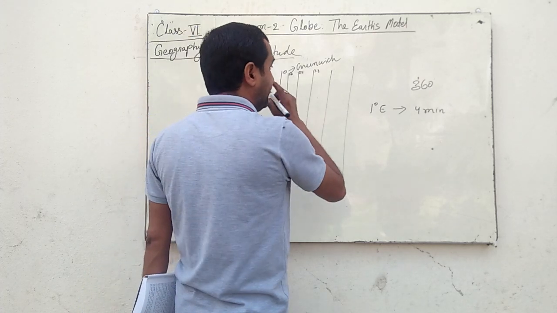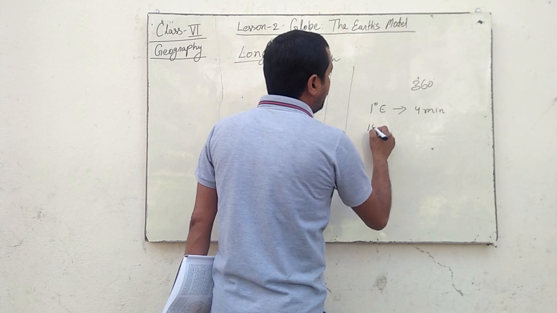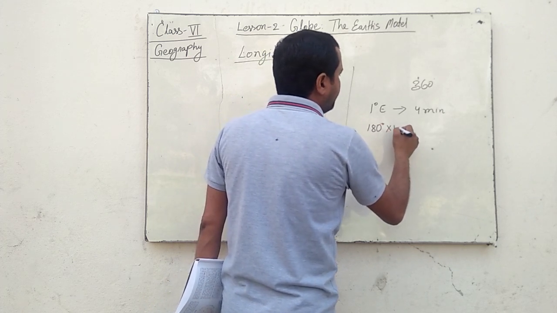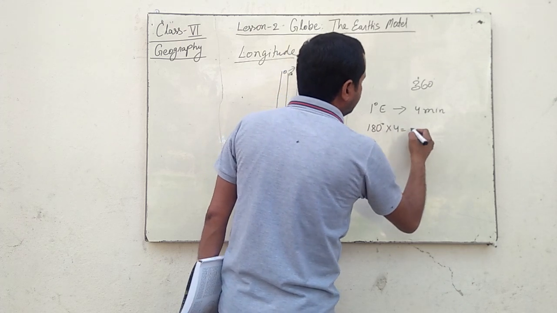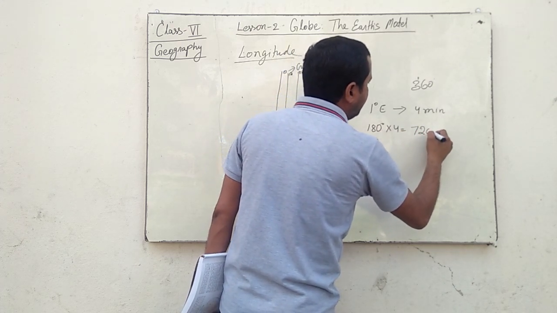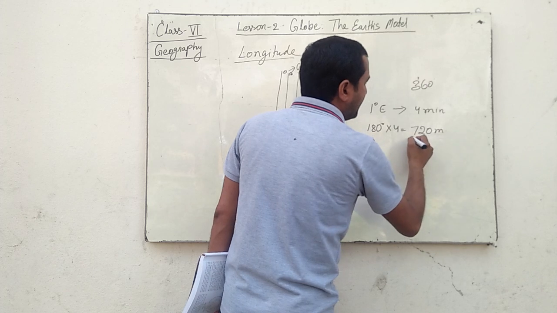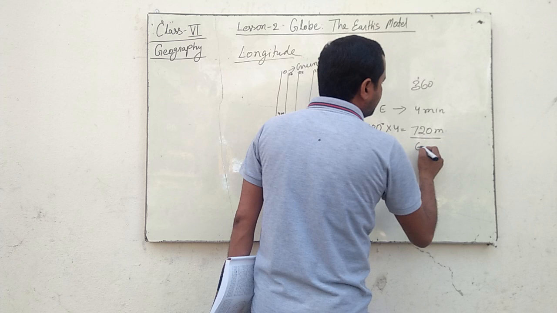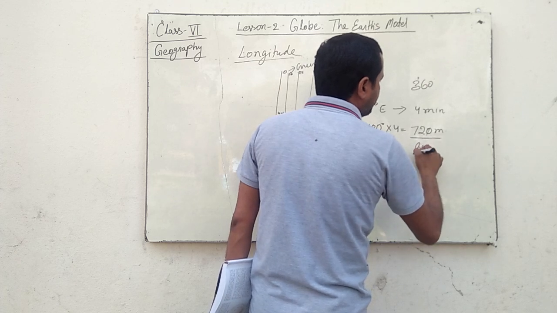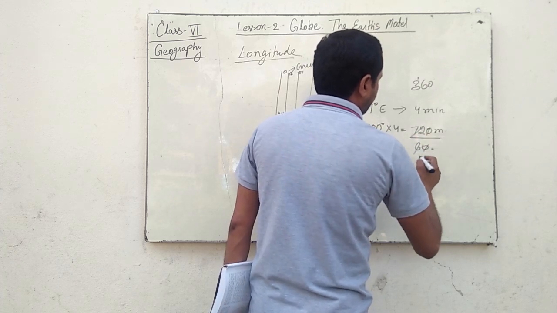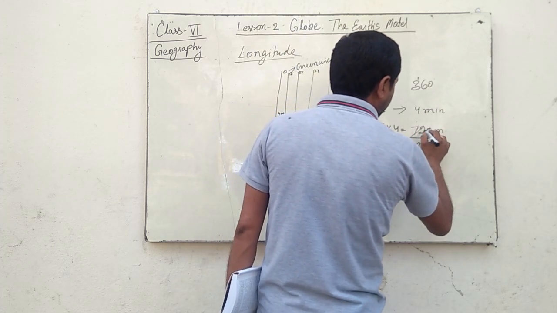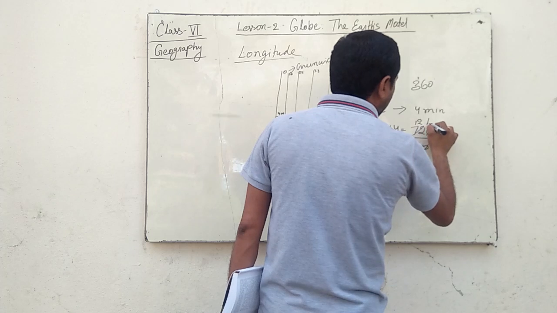So now imagine if we cover 180 degree, that is into 4, 720 minutes. 720 minutes divided by 60 is 12 hours.